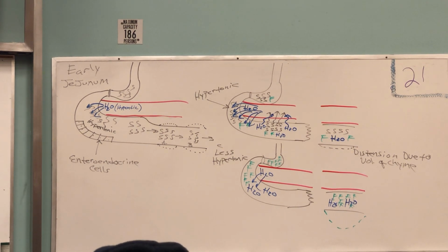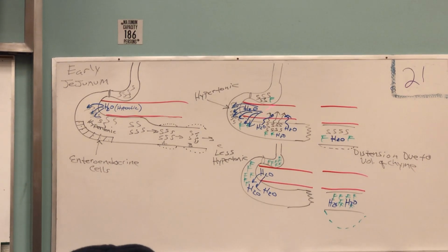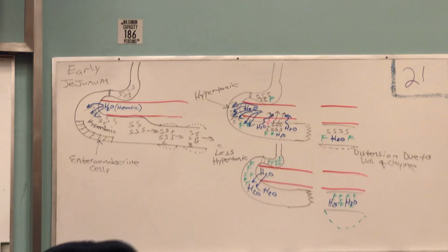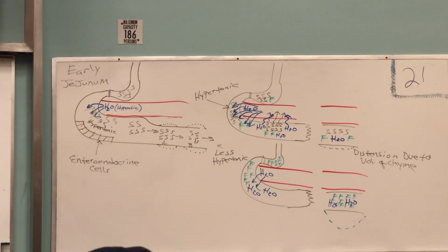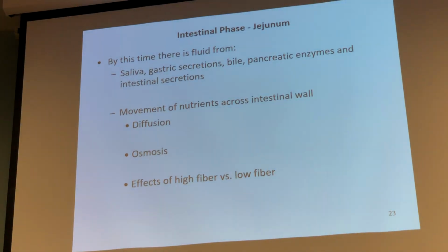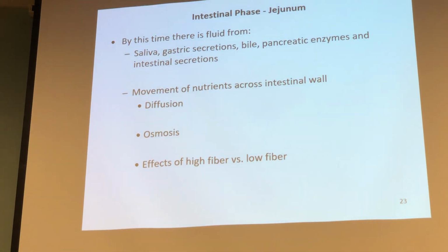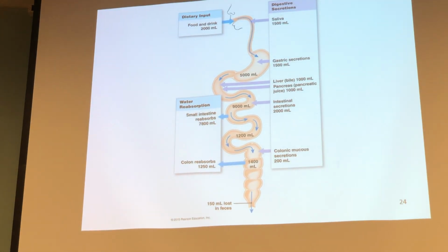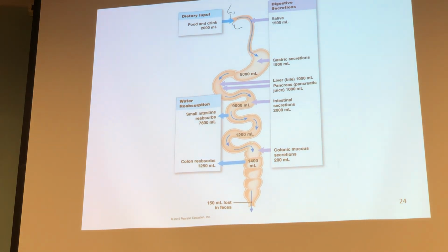When you look at the actual duodenum, it doesn't have a whole lot of plicae circulares. But when we get to this part of our jejunum, where we have the plicae, the villi, and the microvilli, where we are absorbing our lunch, I want you to think about the overall total volume of liquid that finds itself in your jejunum. It's about 9 liters in a given day.